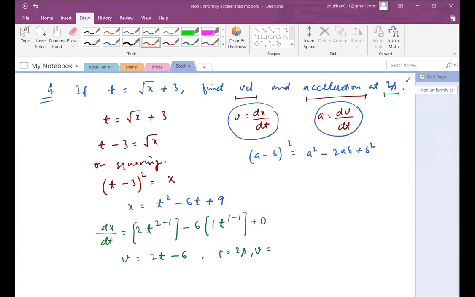Afsa, any doubt in this part? Good, Mazia. Good, Raza.